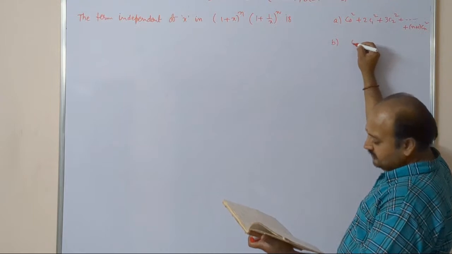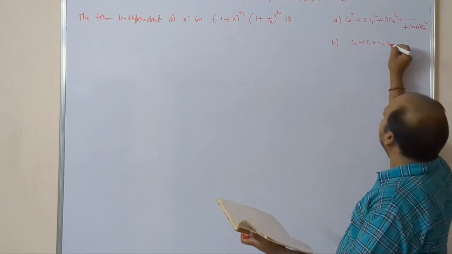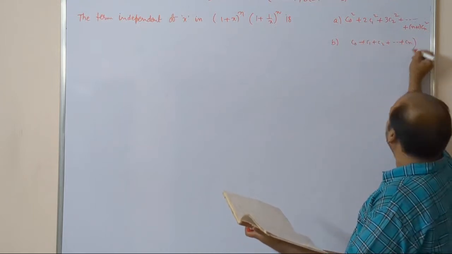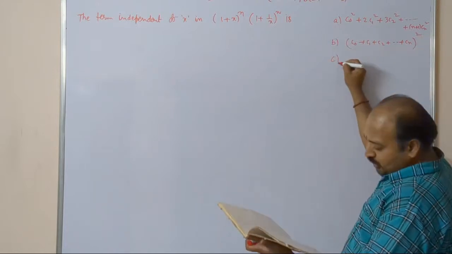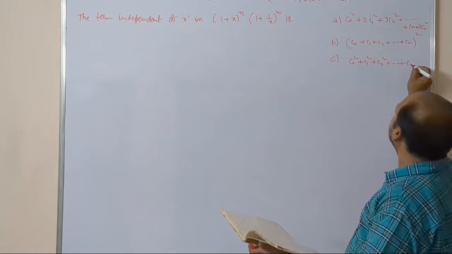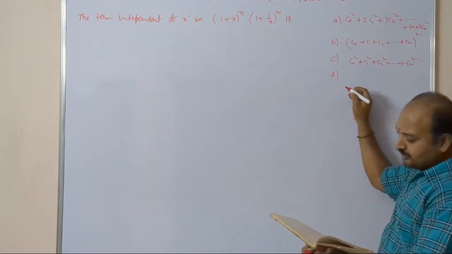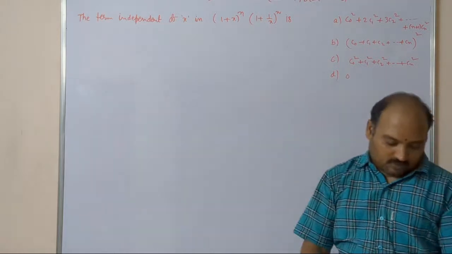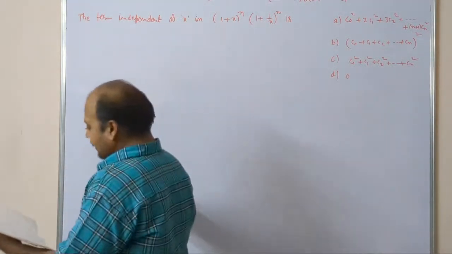Second option, c0 plus c1 plus c2 plus and so on cn, whole square. Third option, c0 square plus c1 square plus c2 square plus and so on cn square. Fourth option 0.